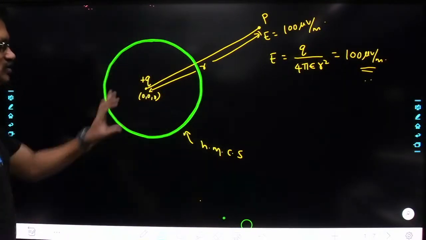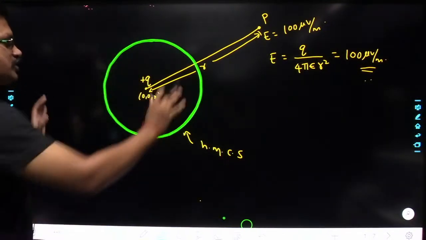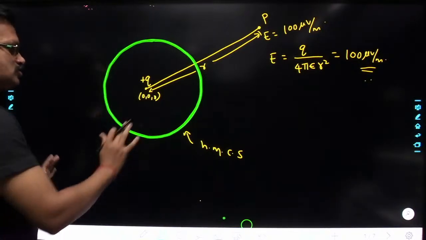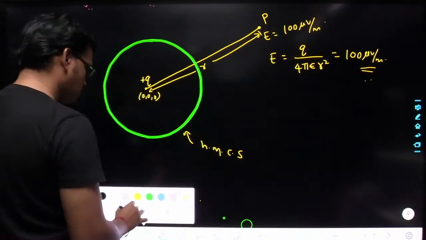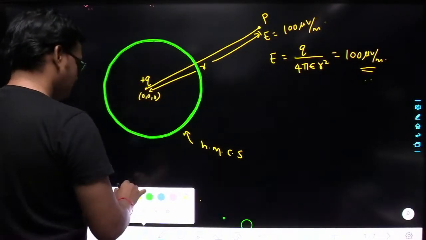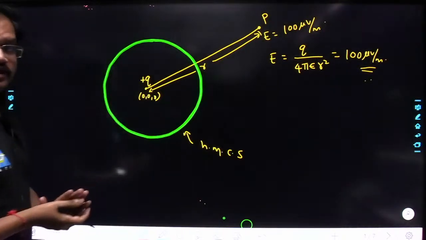So this is the hollow metallic conducting sphere. So its center is also at the origin. So now once you enclose this charge plus q with a hollow metallic conducting sphere, then what will happen here?